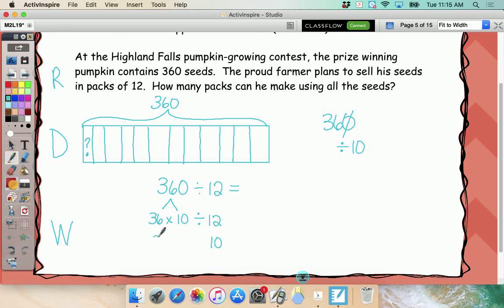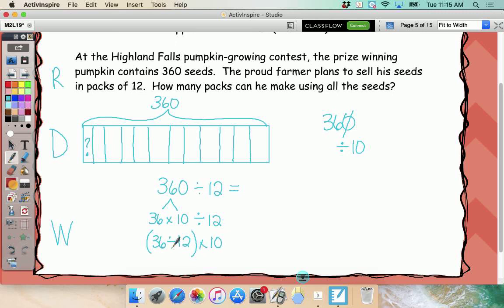Now, when I move that 0 to the end, that means I'm going to have the 36 and the 12 here in parentheses. Now, did you notice I haven't put my symbols in there yet? That's because we need to talk about this. Should I keep the multiplication sign or move it with the 10? Move it with the 10. Otherwise, it's not going to work.